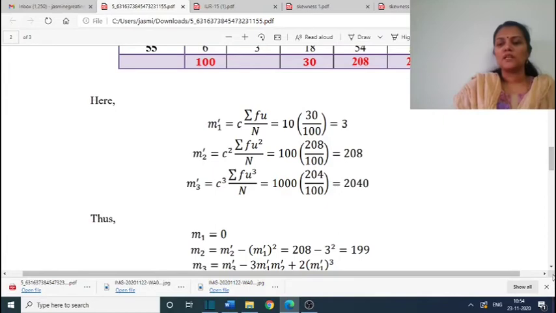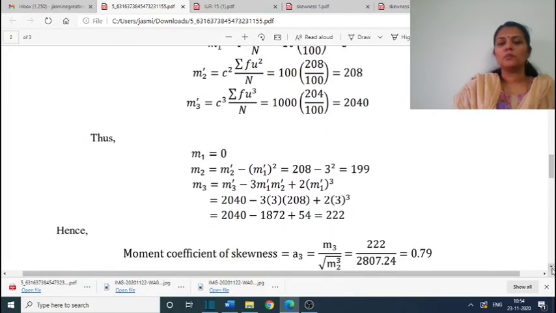Thus m1 is equal to 0, m2 is equal to m2 dash minus m1 dash square, which is equal to 208 minus 3 square, which is equal to 199.